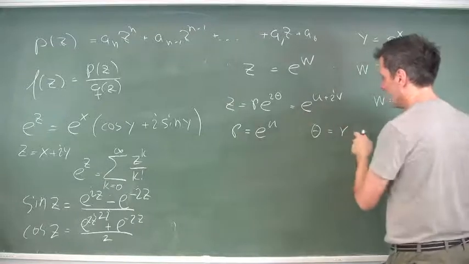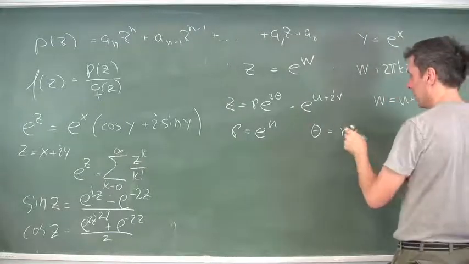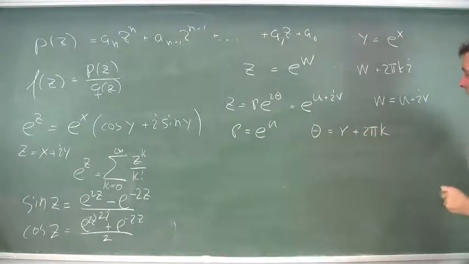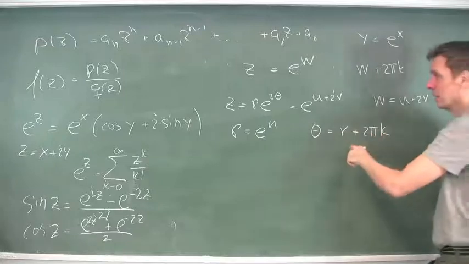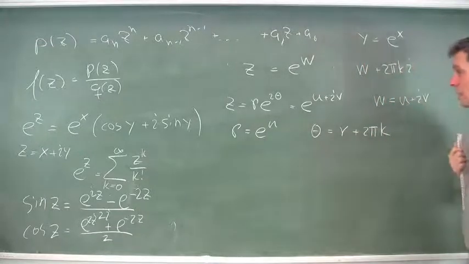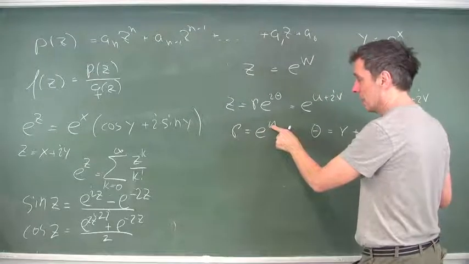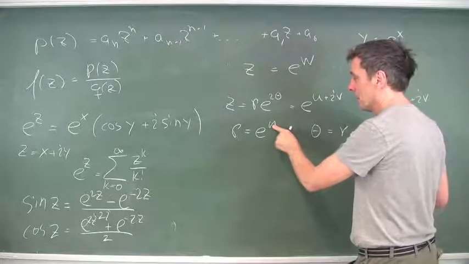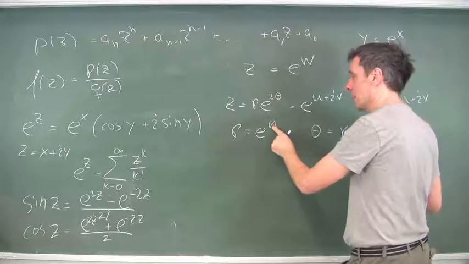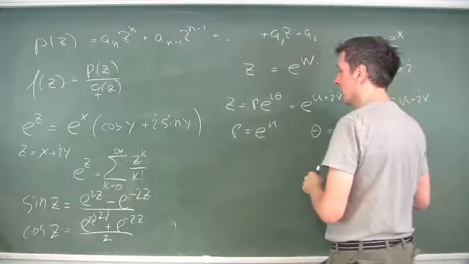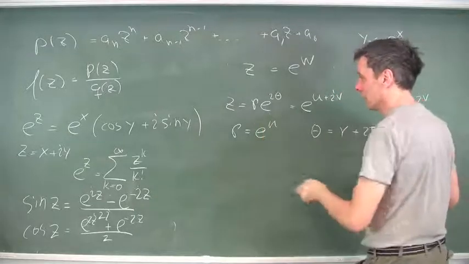But of course, we have this ambiguity here now, so we can add any integer multiple of 2 pi, and we still get a solution. So here we see now that u must be the ordinary real logarithm of absolute value of z.